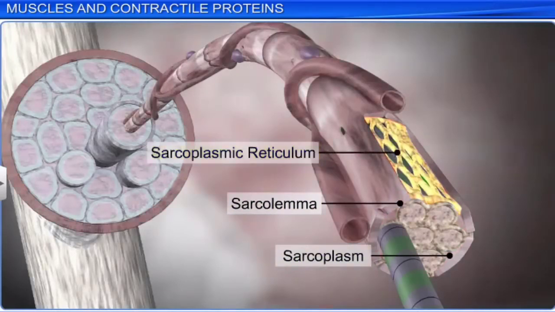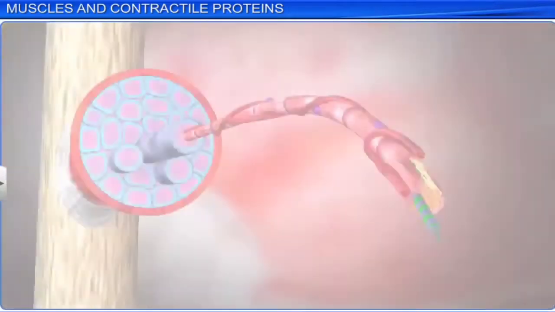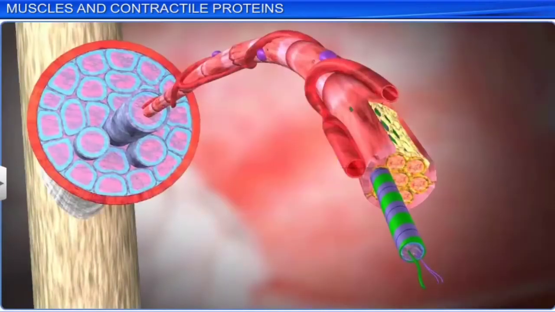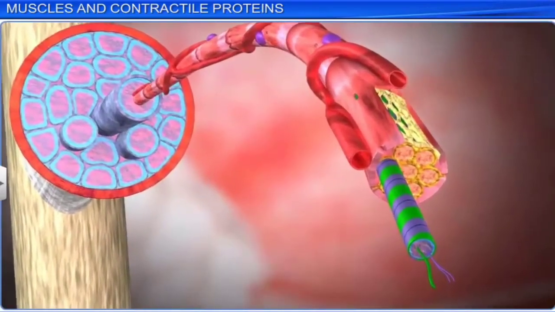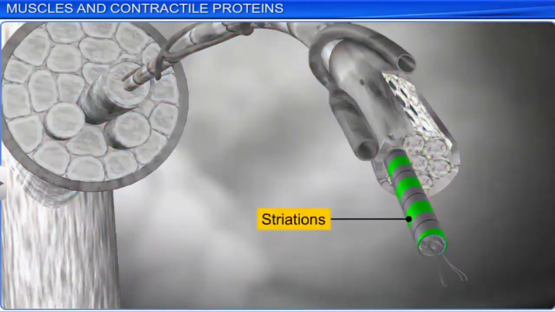The sarcoplasmic reticulum is a storehouse of calcium ions which are important for muscle contractions. Each muscle fiber consists of several myofibrils that are parallelly arranged. When viewed under an electron microscope, these myofibrils show alternate light and dark bands.